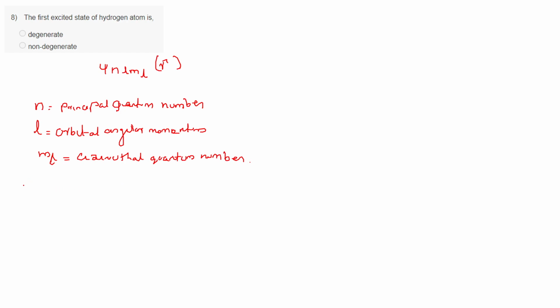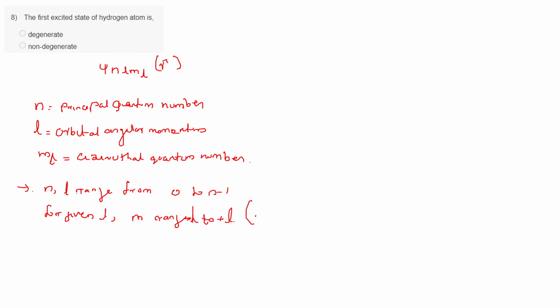For a given n, l ranges from 0 to n minus 1, for n values. For a given l, m ranges from minus l to plus l, right? So there will be 2l plus 1 values.